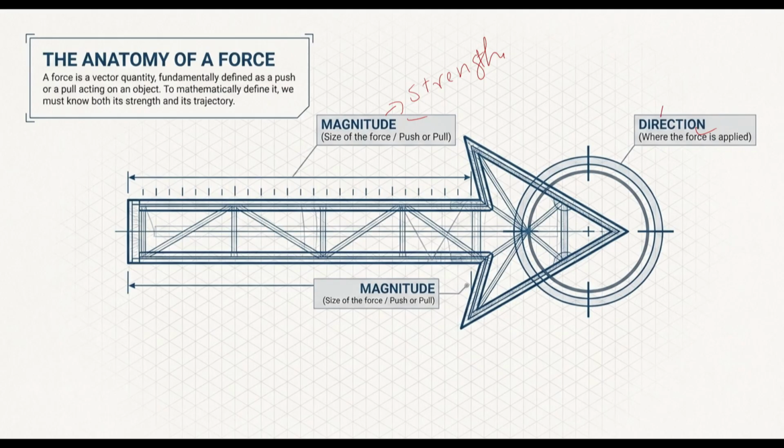When we draw forces, we represent them using arrows, while the arrowhead shows the direction. This graphical representation helps engineers analyze multiple forces efficiently. You can see how the forces are shown here, right?